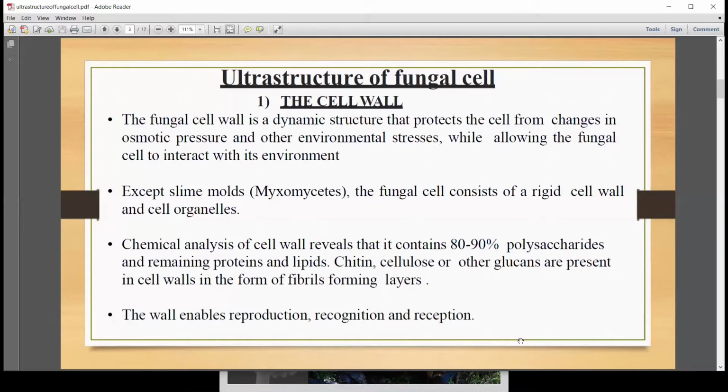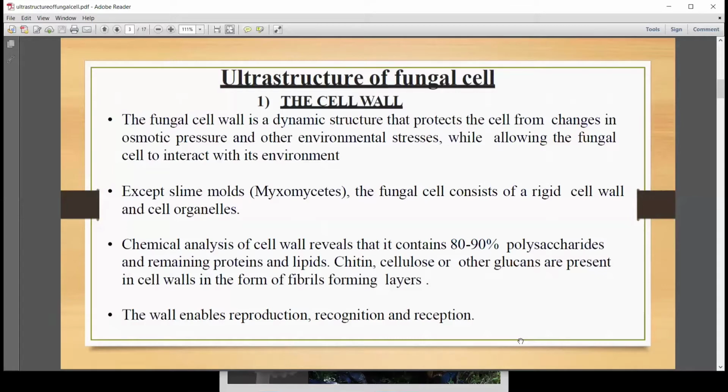It also allows the fungal cell to interact with the environment, which means the cell wall plays two kinds of function: first, it protects the cell, and second, it allows the cell to interact with its environment and with other types of cells. Except slime molds, the fungal cell consists of a rigid cell wall and cell organelles.